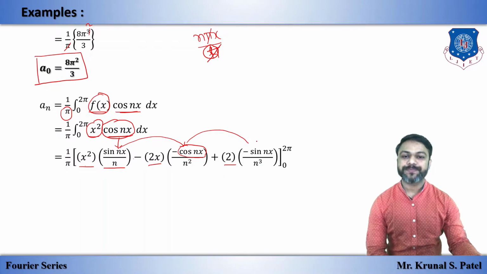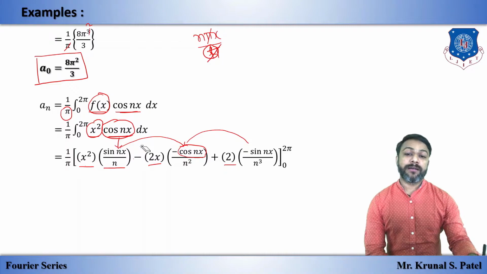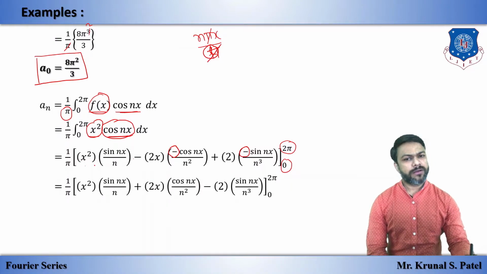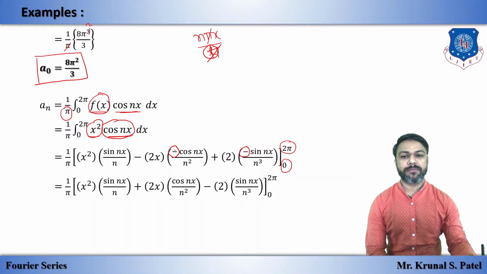Okay, now here my method is different from other faculty, in that I take this minus outside the bracket, then apply this upper limit minus lower limit. So we add one more step: 1 by pi, the entire step is the same but just the minus comes out, so minus and minus become plus, so no need to write minus, and here this minus and this plus become minus.